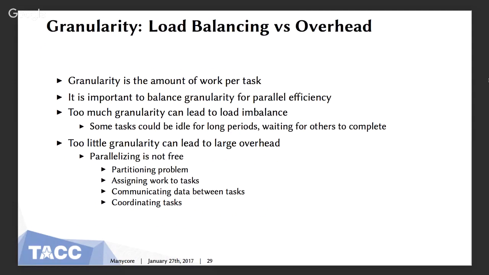This parallelization isn't free. It costs time and cycles to partition the problem, to assign work to tasks, to communicate data between the tasks if they need to do that, and to coordinate tasks, deciding who gets to go when, who gets access to this data object at what time.